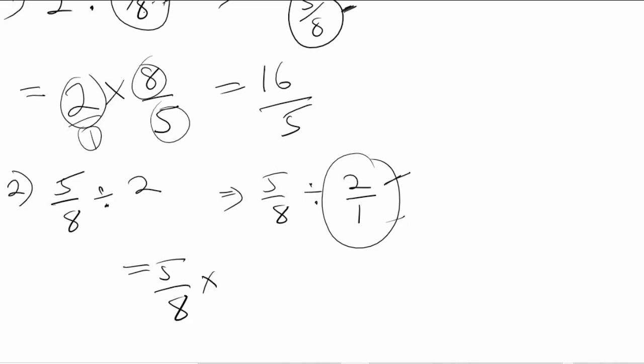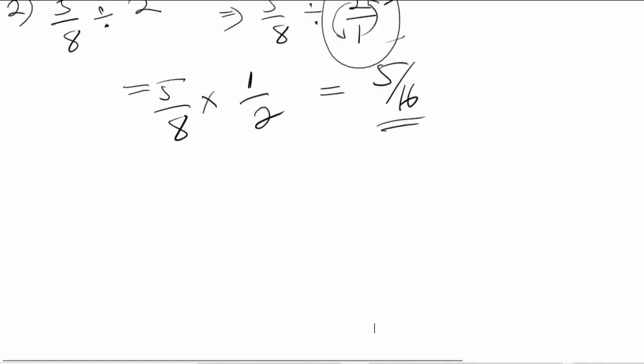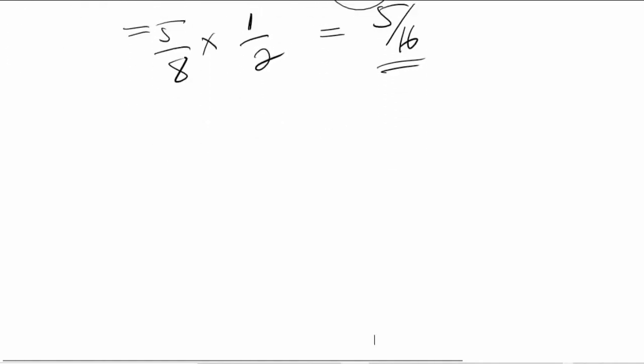That is, we are going to turn it upside down, and instead of 2/1, this becomes 1/2. 1 goes up and 2 comes down, just like that. It is turned upside down, and this becomes 5/16. Very simple.